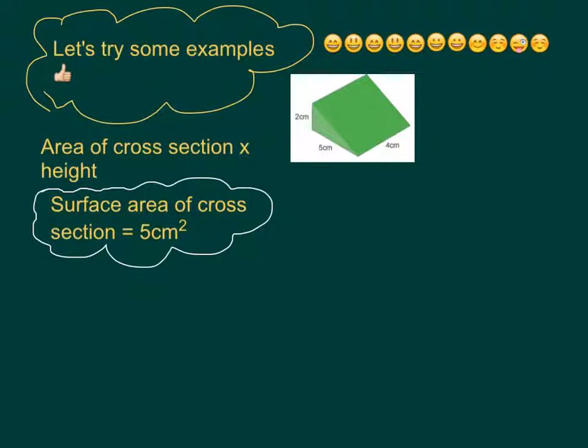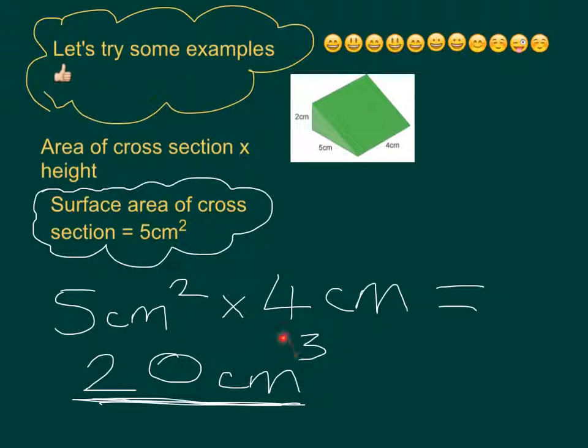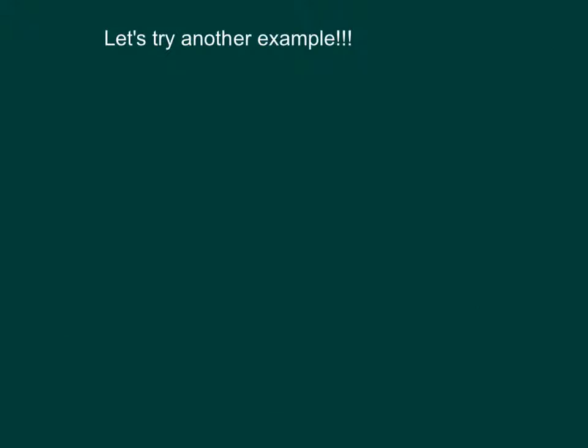So all we do is 5 centimetres squared multiplied by 4 centimetres equals 20 centimetres cubed. And that is our answer. And it's really important to remember this cubed bit here because we are working with volume. So let's try another example.